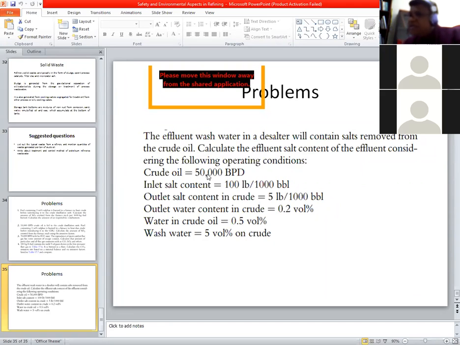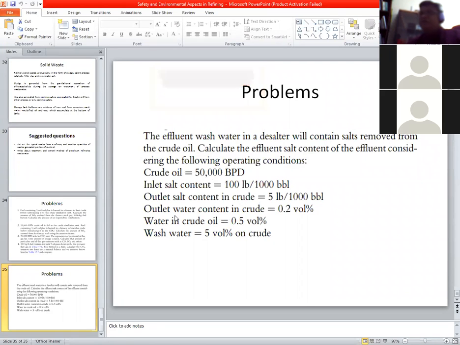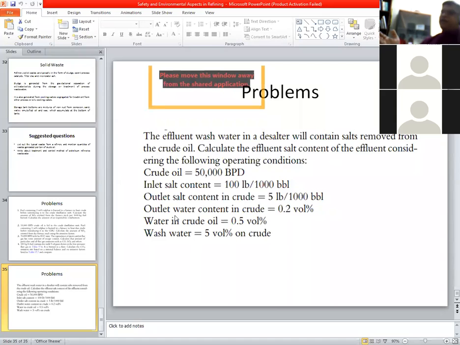Because here, this is 50,000 barrel per day, meaning that this is volumetric flow rate. So whatever you just got, that 2,600 BPD, is actually the volumetric flow rate. To convert volumetric flow rate to mass flow rate, the formula is density equal to M over V, or mass flow rate over volumetric flow rate.